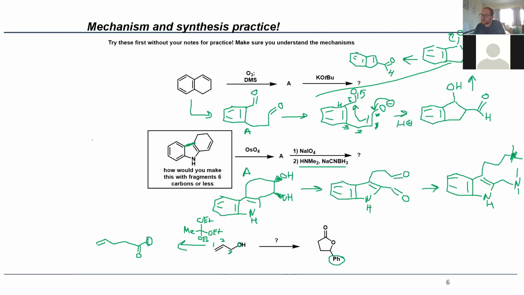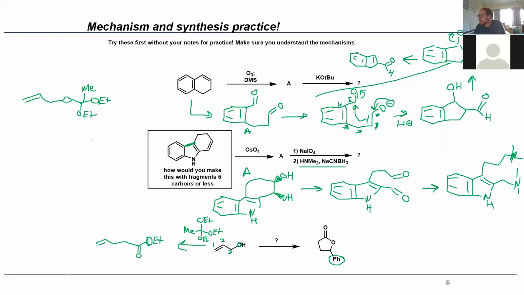And I'll abbreviate a mechanism here wherein an alcohol formally displaces one of the ethoxy groups, and that forms an intermediate that looks like this. This isn't the only way to do this problem. I think there's probably many.